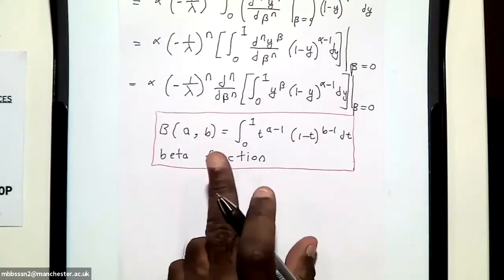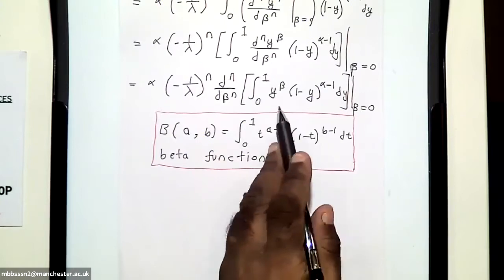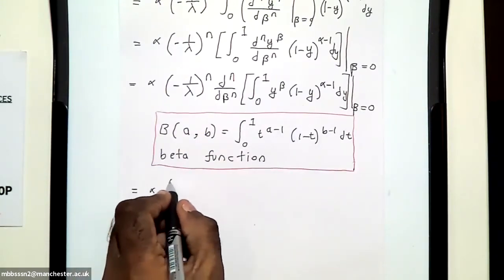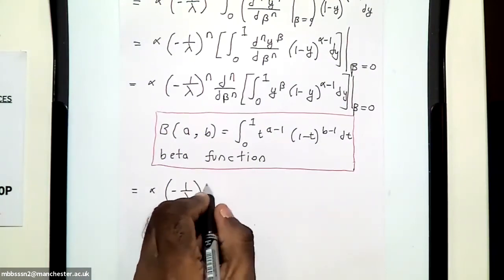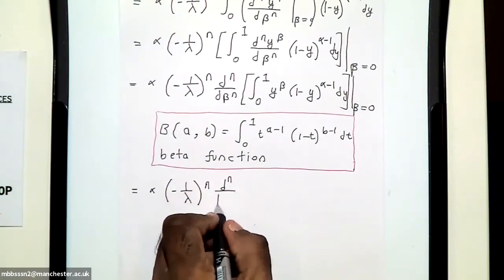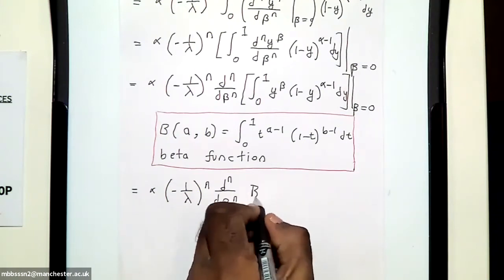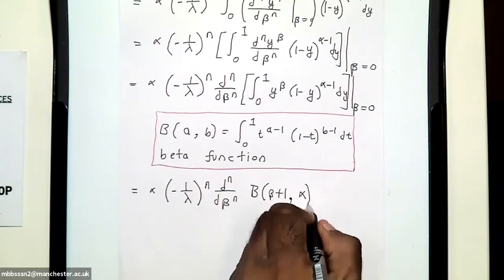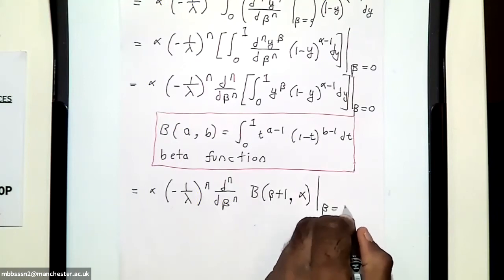Right, so using this definition or using this function, you can write the integral as the beta function at beta plus 1 comma alpha, taken at beta equal to 0.